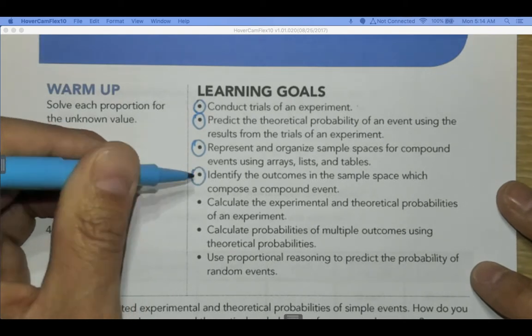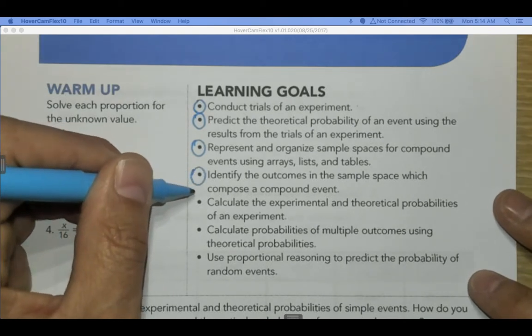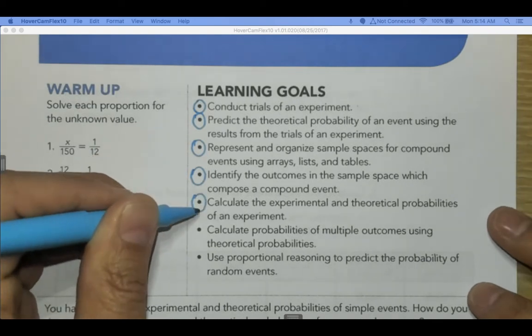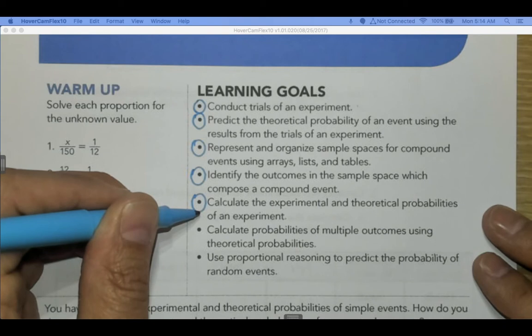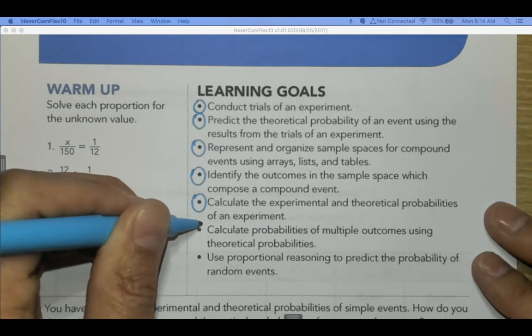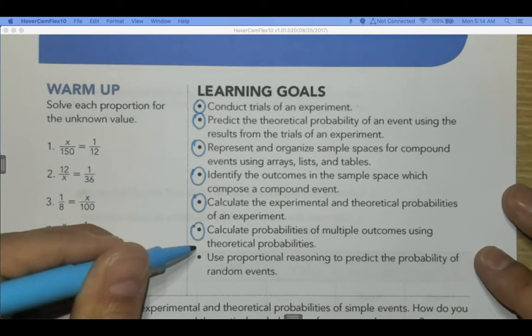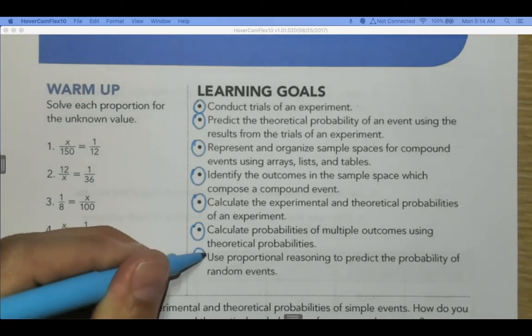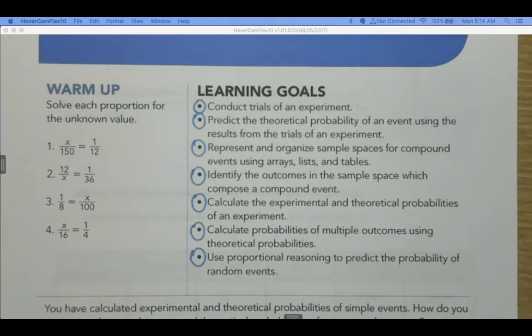Identify the outcomes in the sample space which compose a compound event. Calculate the experimental and theoretical probabilities of an experiment. Calculate probabilities of multiple outcomes using theoretical probabilities. Use proportional reasoning to predict the probability of random events.